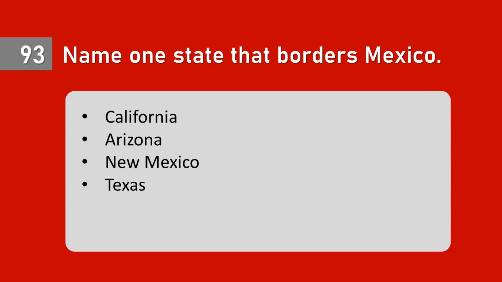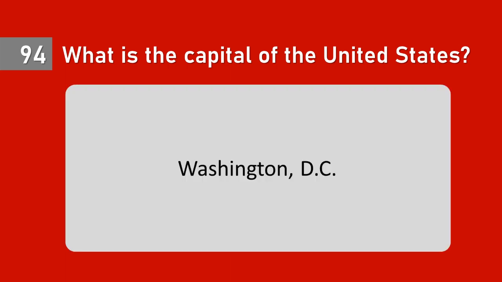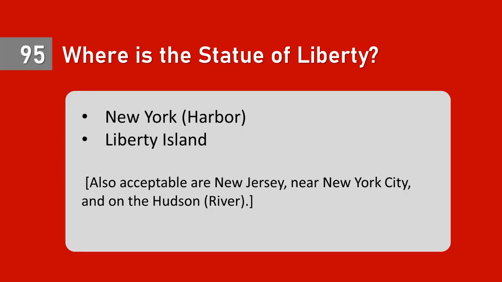California, Arizona, New Mexico, Texas. Question 94. What is the capital of the United States? Washington, D.C. Question 95. Where is the Statue of Liberty? New York Harbor, Liberty Island. Also acceptable are New Jersey, near New York City, and on the Hudson River.